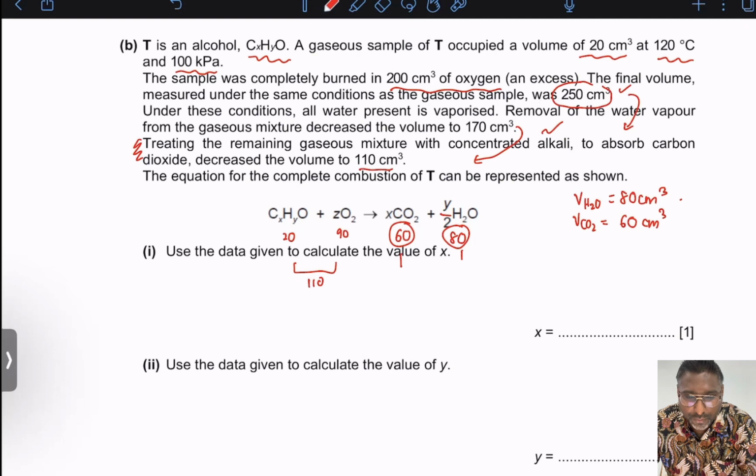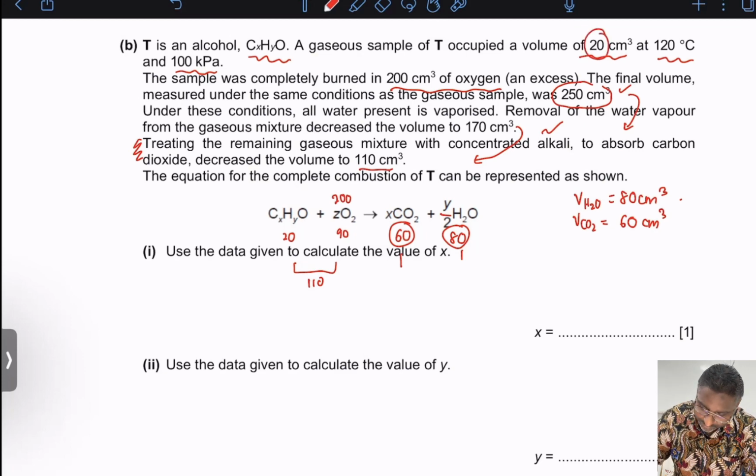So you have 20. Then you have a lot of oxygen, which is 200. And then the final volume measured was 250, because I used this 20 over here. So if I have 110, then 170 and 80, so 250.